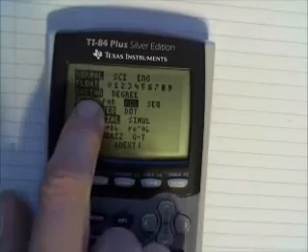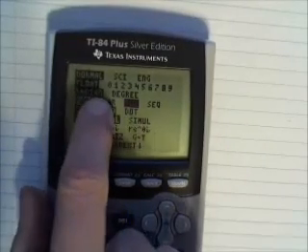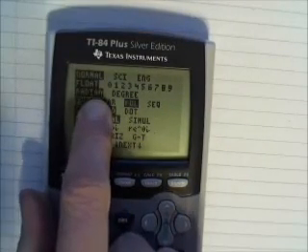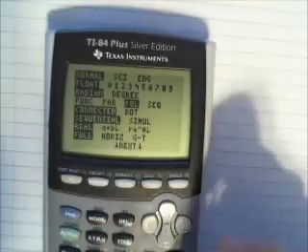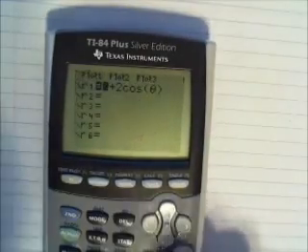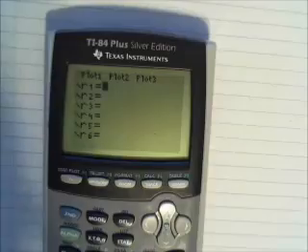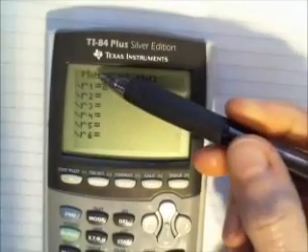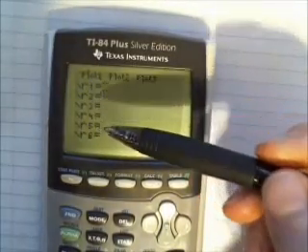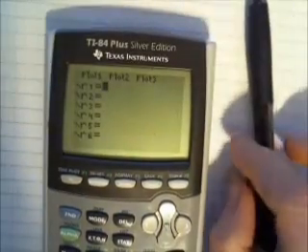Make sure your third line down is your calculator is in radians mode. And what we're going to do is press y equals, and now you can see that in polar form all of these equations are solved for r.